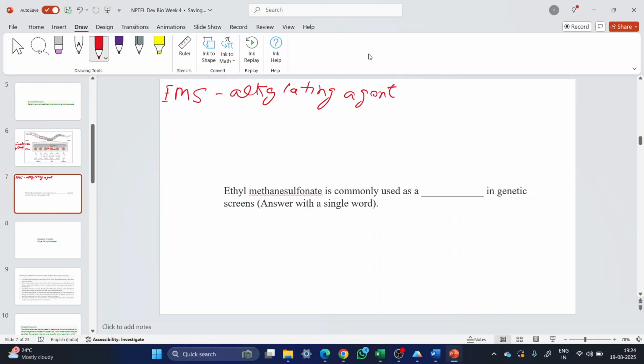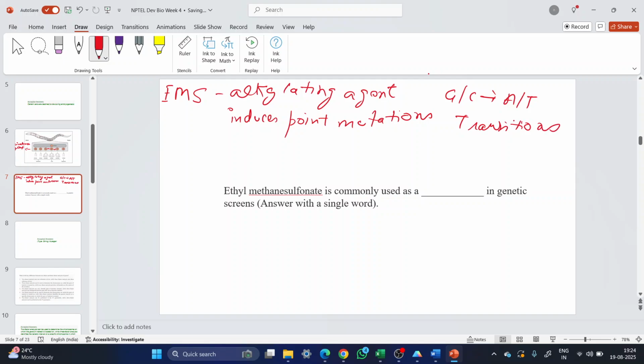What it does is that it induces point mutations, and because of these point mutations, it mostly causes GC to AT transitions. Therefore it is widely used in genetic screens to create random mutations and then screen for interesting phenotypes. So basically they are used in forward genetic screenings.